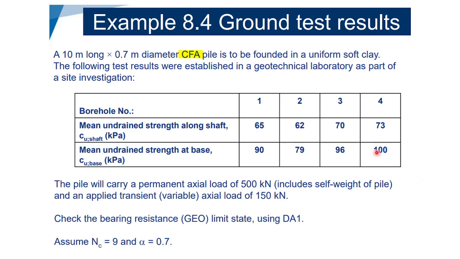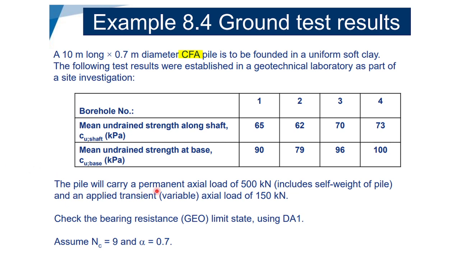Okay, so for example, these are boreholes 1, 2, 3, 4. For borehole 1, the undrained shear strength is 65 at the shaft, and this one is the base. And then for borehole 2, 62, and then 79 for the base. This is 70 for borehole 3 at the shaft, and then 96 for the base, and so on and so forth.